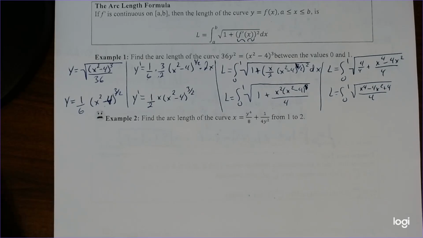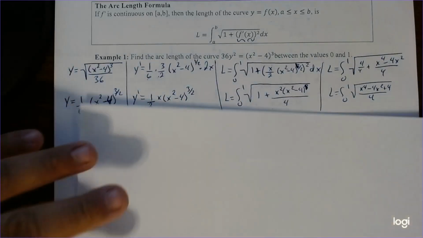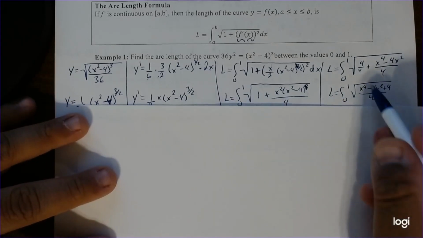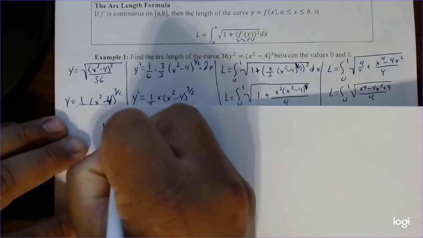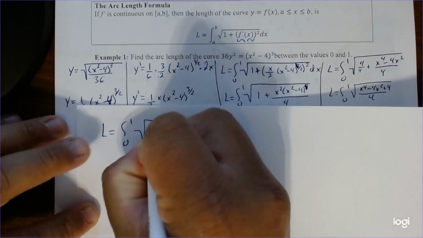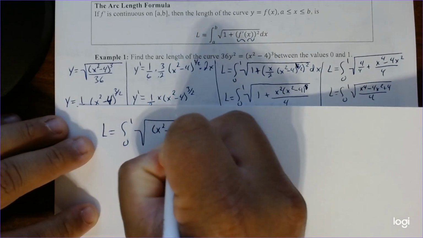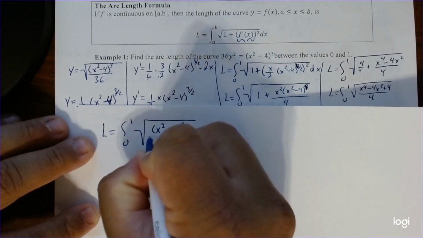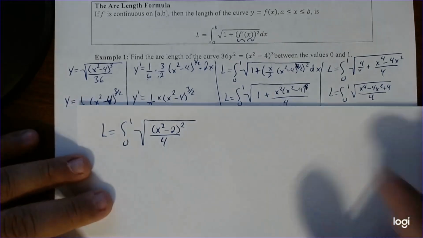And believe it or not, that actually factors kind of nicely. Okay. So let me get another sheet of paper so you can see. So the top actually factors to a nice x squared minus 2 squared, and that's over 4. Right, just simply factoring rules, right?